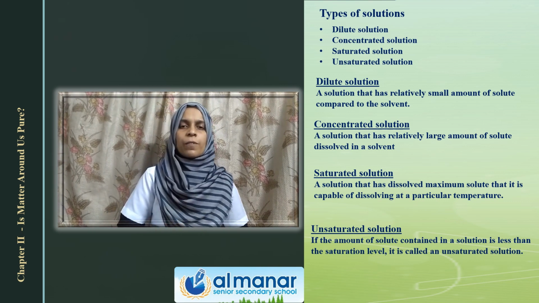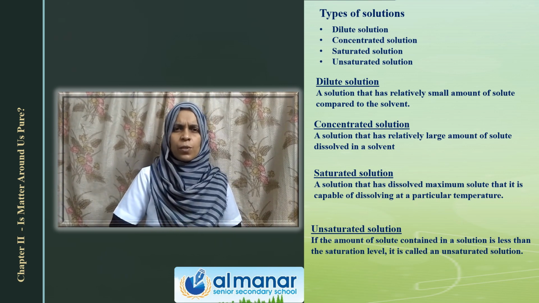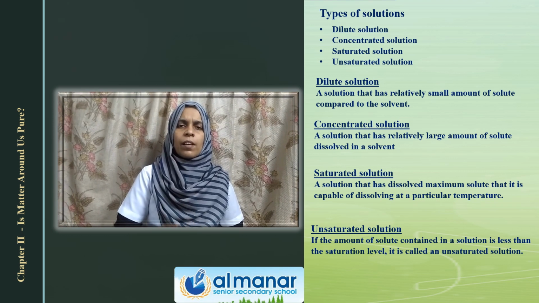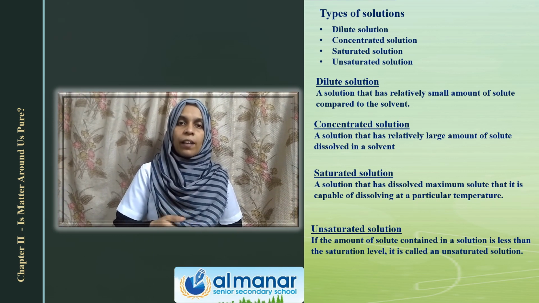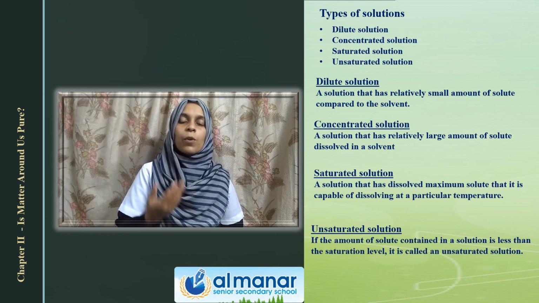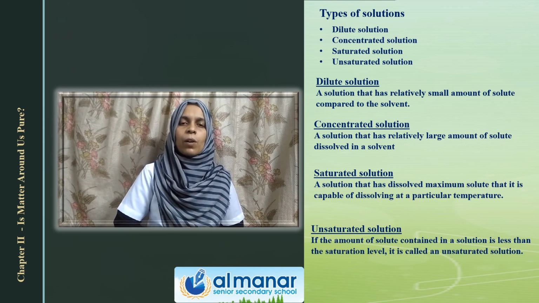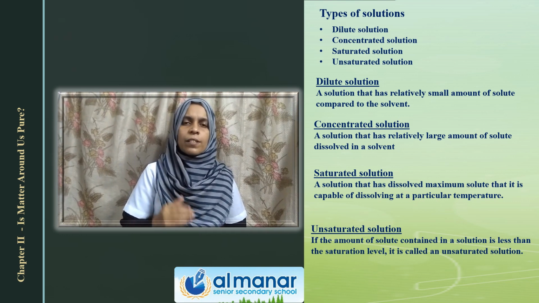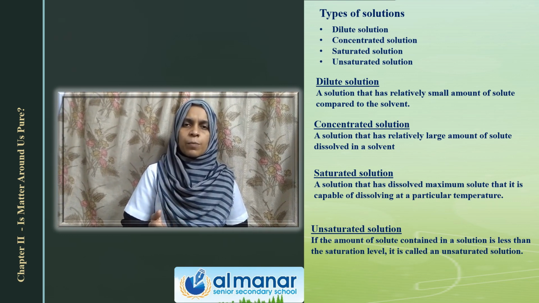Now the last class of solution is the unsaturated solution. From the word itself it is clear that it has not reached the saturation level. So I can say a solution which can dissolve more and more solute can be called an unsaturated solution. But here you can see another definition that is there in the textbook also.